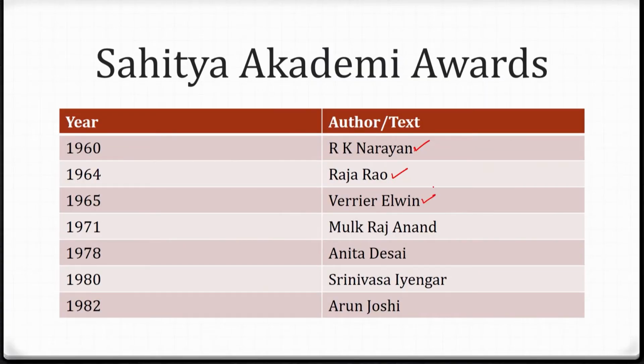He is an anthropologist. So, he had been talking about how to incorporate the tribals into the mainstream, and had argued that you don't have to really do that and just leave them alone. So, in that sense, he is part of the discussions of the critical establishment. Mulk Raj Anand, of course, Anita Desai, Srinivasa Iyengar the critic, Arun Joshi we discussed.